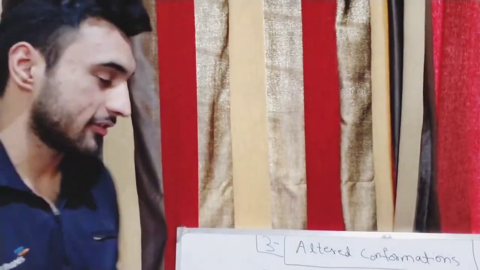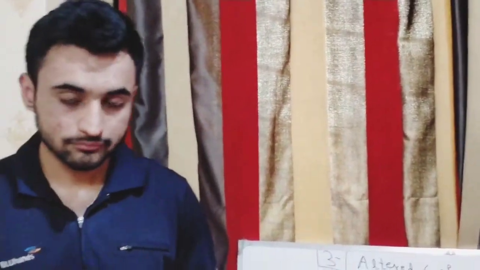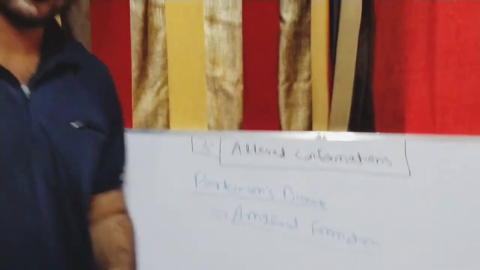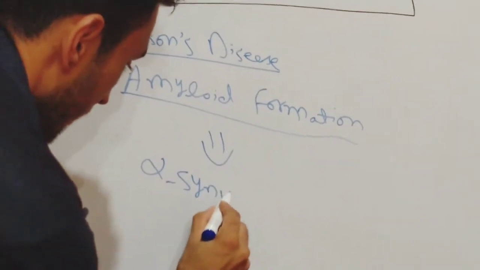And there is a major difference between Parkinson disease and Alzheimer disease. We have discussed earlier that in Alzheimer disease, amyloid formation occurs from abnormal proteins which consist of long fibrous structures containing beta pleated sheets. But in the case of Parkinson disease, amyloid formation occurs from the protein known as alpha synuclein.